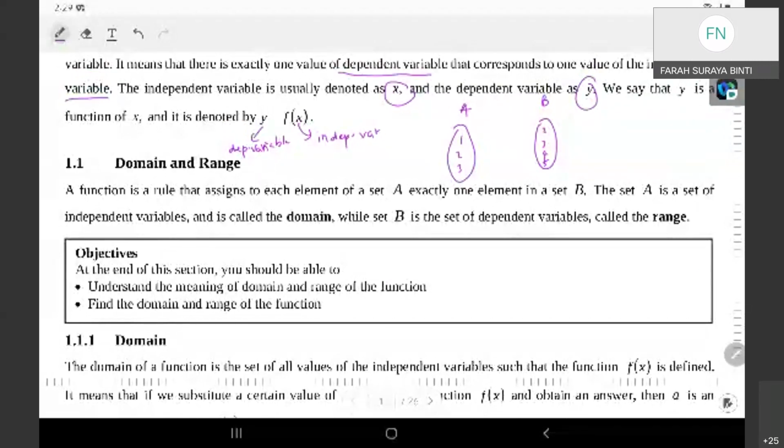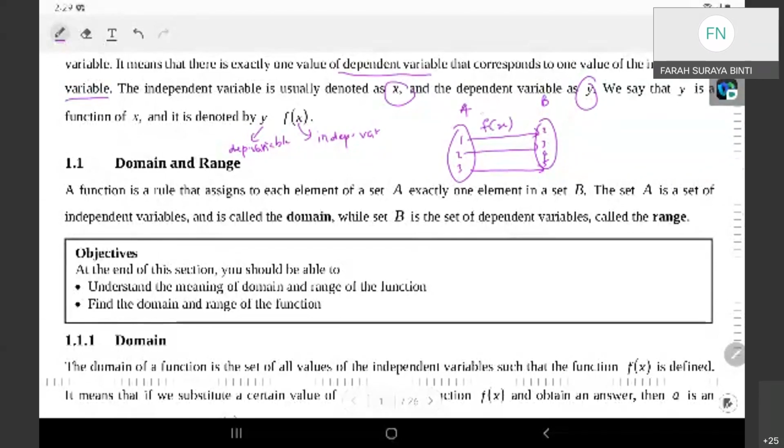Then a function is a rule that assigns each element in set A exactly to one element in set B. Contohnya 1, dia akan pergi dekat sini. For example, kat sini. So yang ni kita panggil dia function f of x.